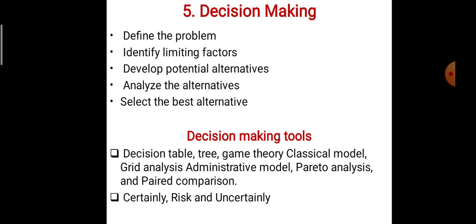When a problem occurs on a regular basis, a manager addresses it through a standard preferred method known as a programmed decision. For example, reordering inventory automatically when stock falls below the expected level. In the modern day, most programmed decisions are handled by computers using decision support systems.